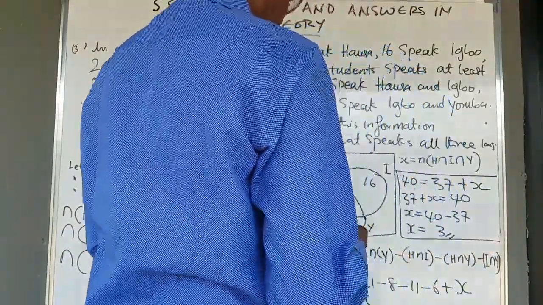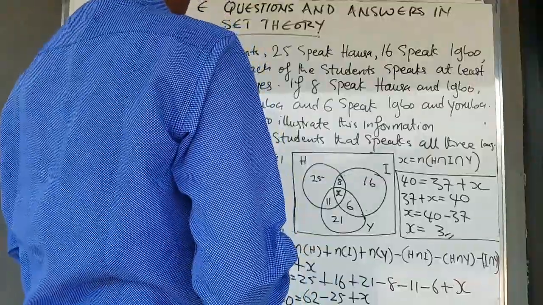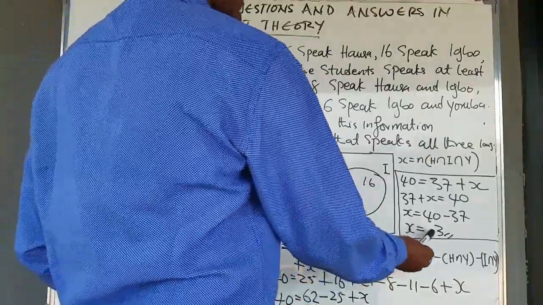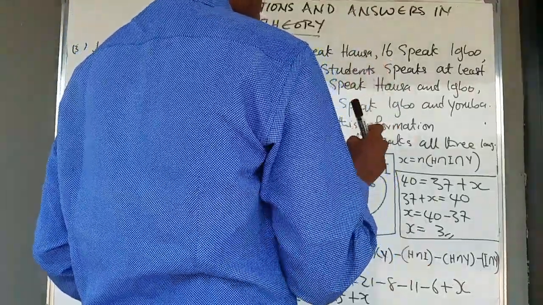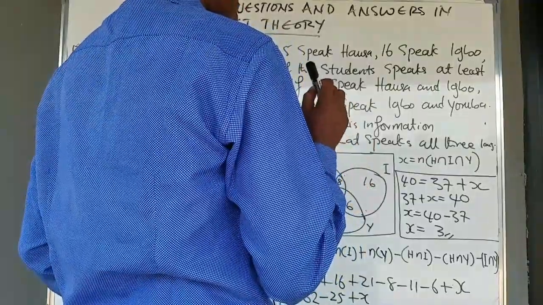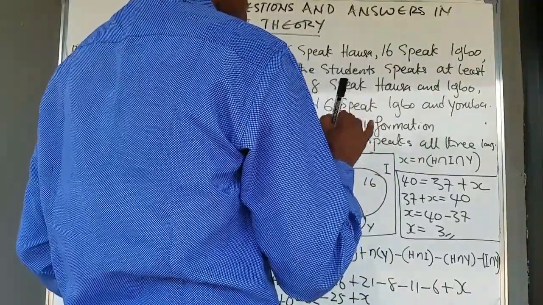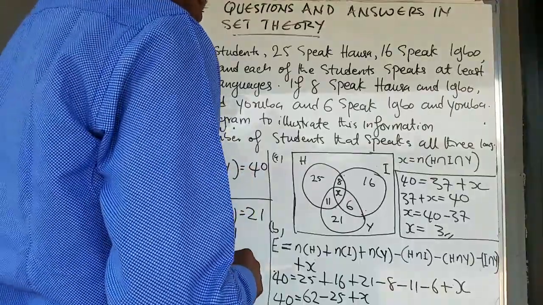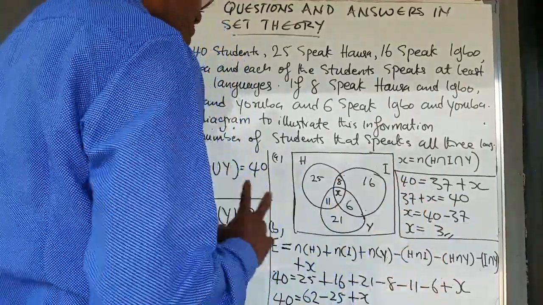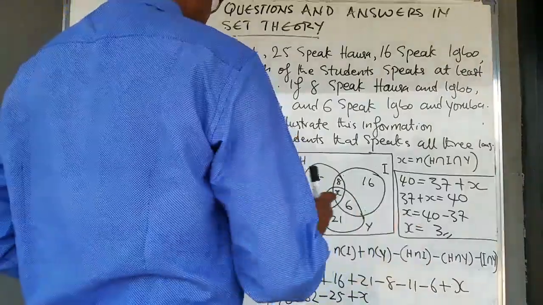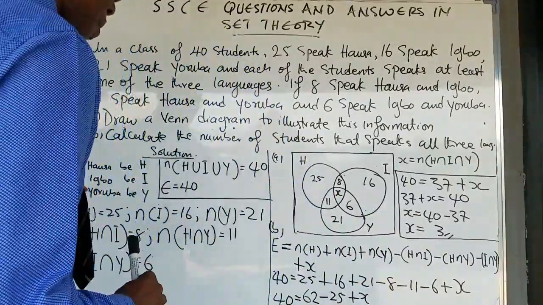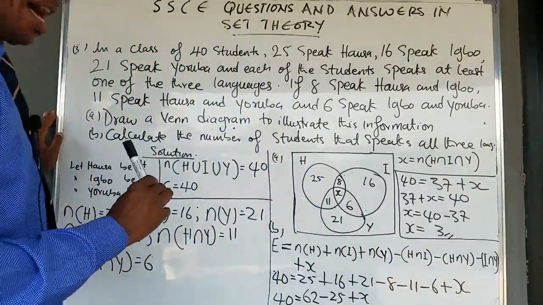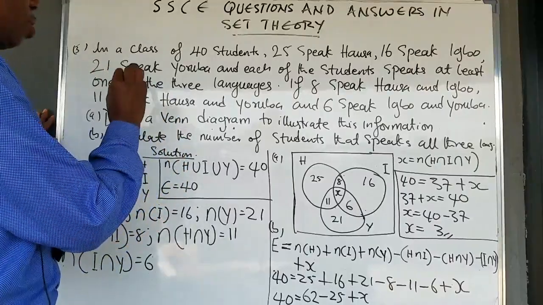That means out of all the students in that class, 3 speak Igbo, Yoruba, and Hausa. 3 speak all the 3 languages, all of them. And remember what we did before? We are looking at 3 sets now.